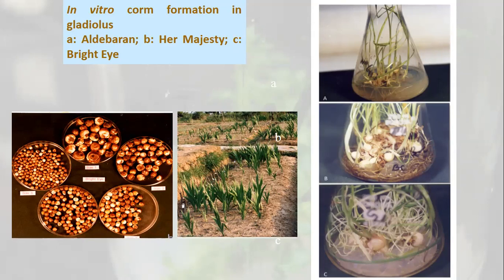corms, or like that. In case of gladiolus, it has been seen that if we plant the shoots onto the medium containing a higher concentration of sucrose and some plant growth regulators such as chlorocholine chloride, maleic acid hydrazide, then paclobutrazole, these are all inhibitors of GA action or GA synthesis, gibberellic acid action or synthesis.